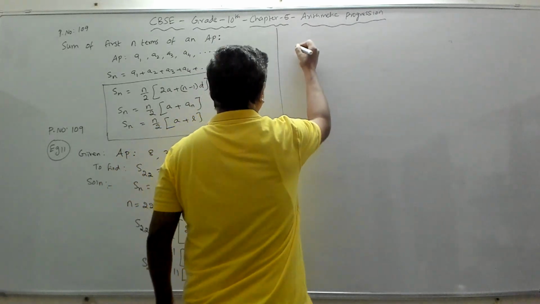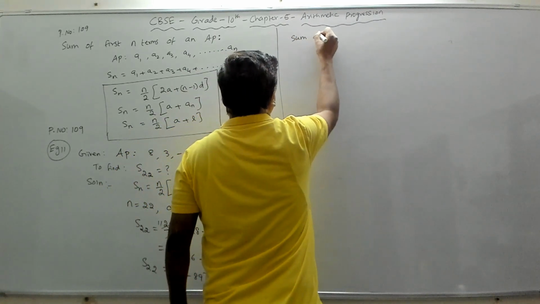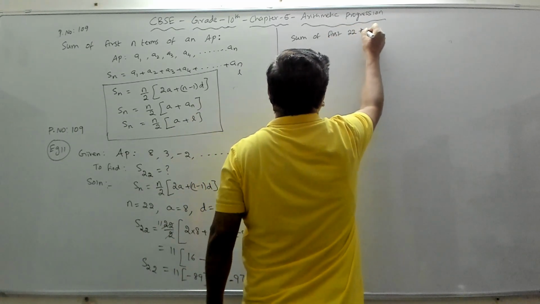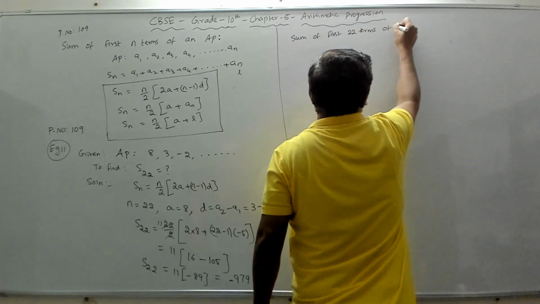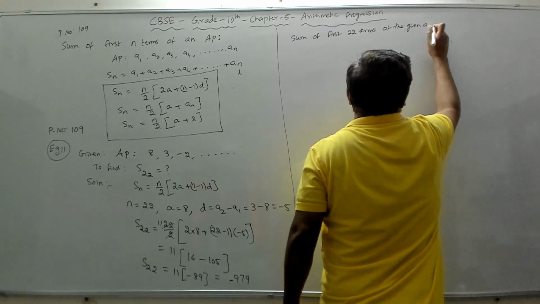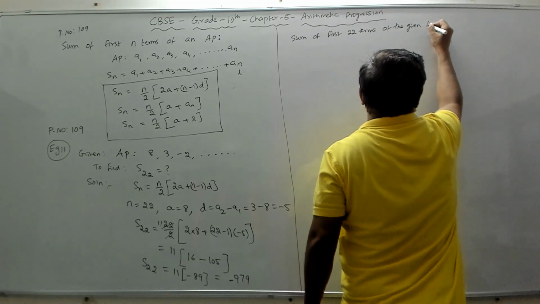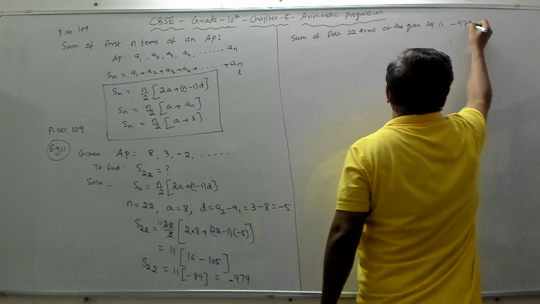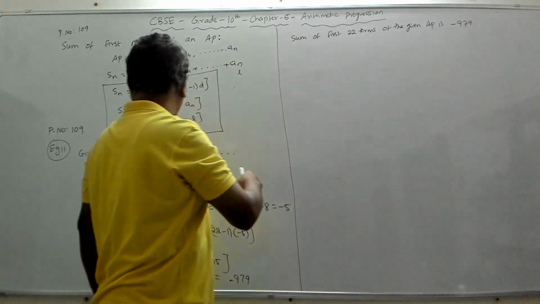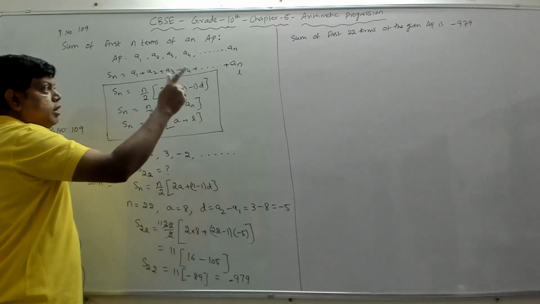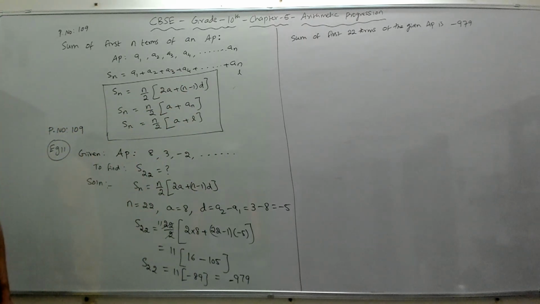So the conclusion is the sum of first 22 terms of the given AP is minus 979. If you add all these terms till 22 terms, you will get minus 979.